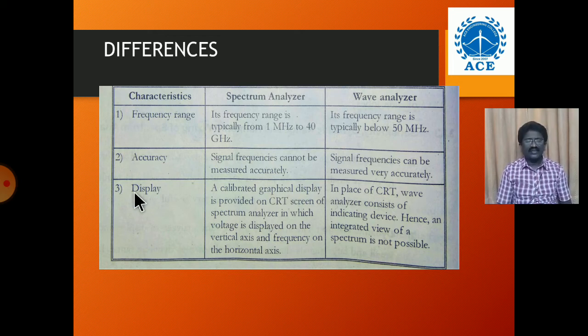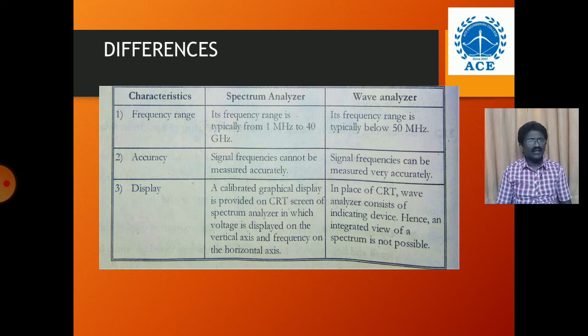So last one, display. In spectrum analyzer, the output is displayed on a CRT screen.